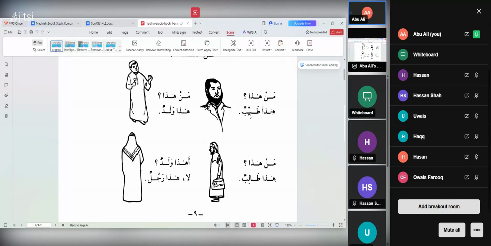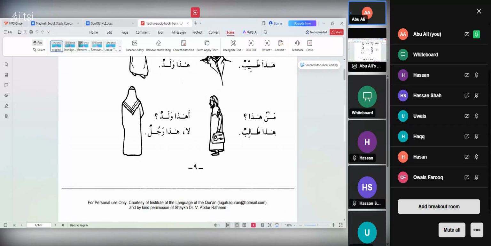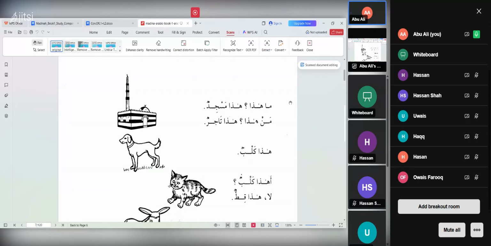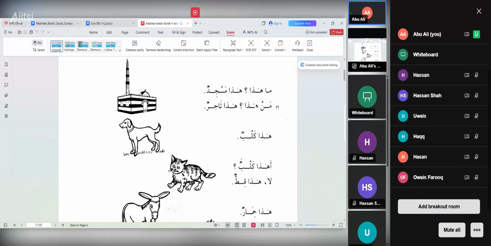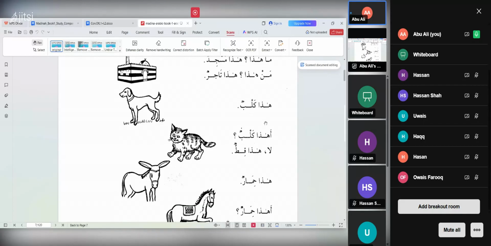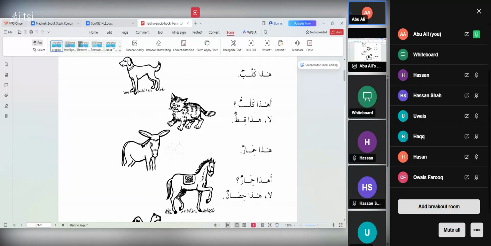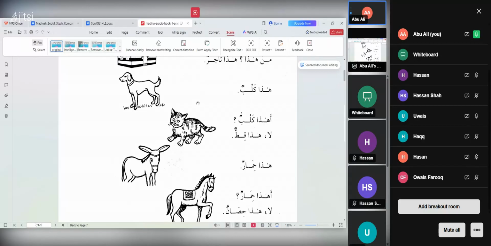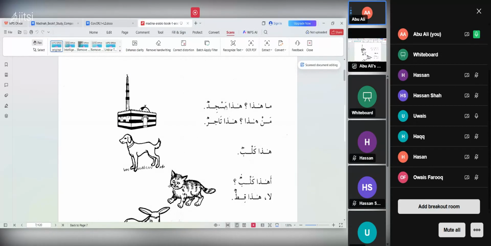It is always definite because it's a demonstrative pronoun. ما هذا? I think, by the way, I gave you in the chat all the new words in this chapter, which is basically all the words. All the words are in the WhatsApp group.